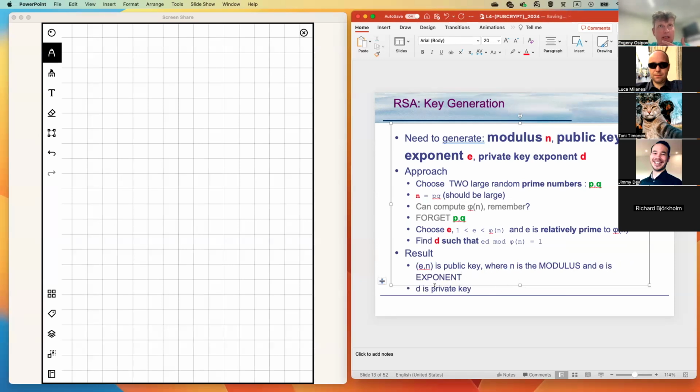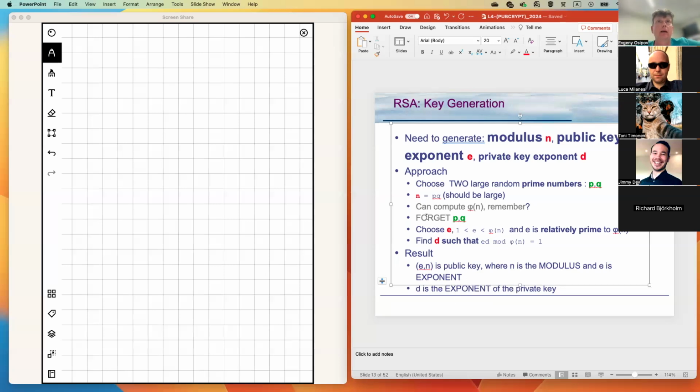All right, and d is the exponent of the private key. So, okay, and that's what I mean. Your understanding should be this, at least.